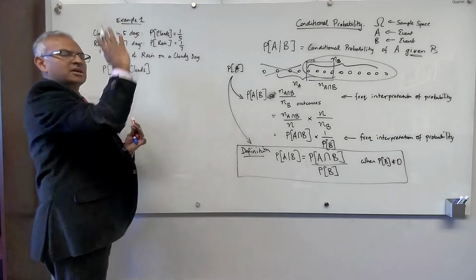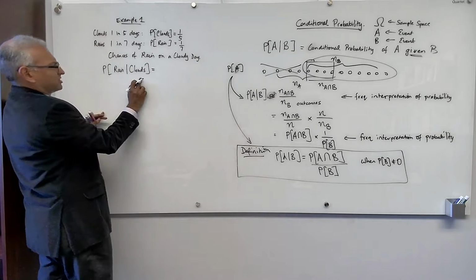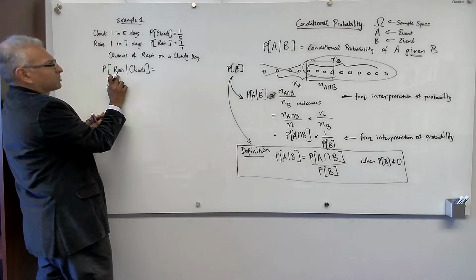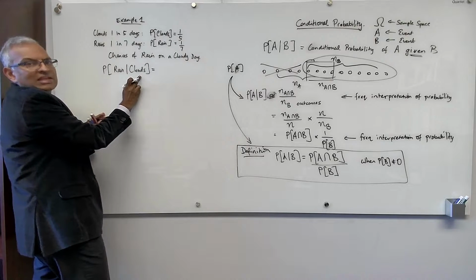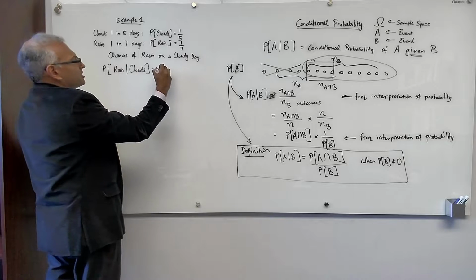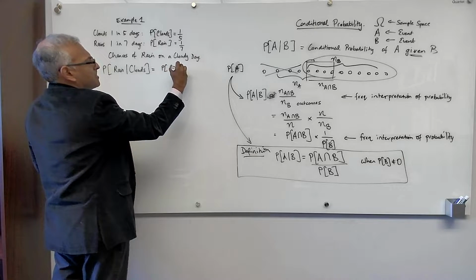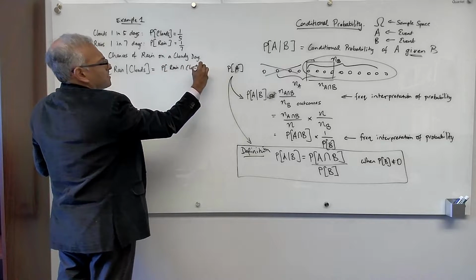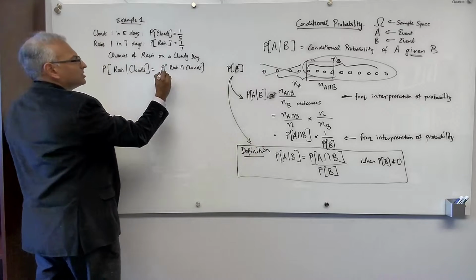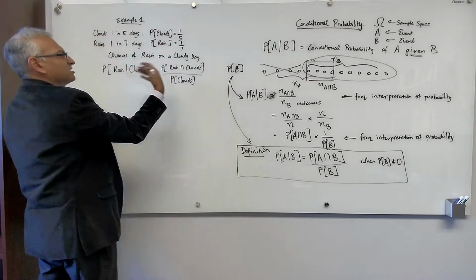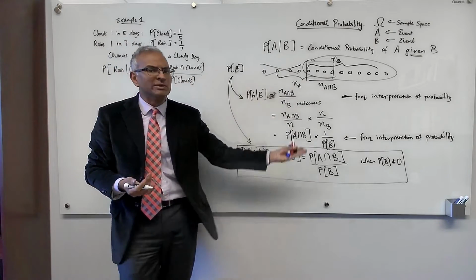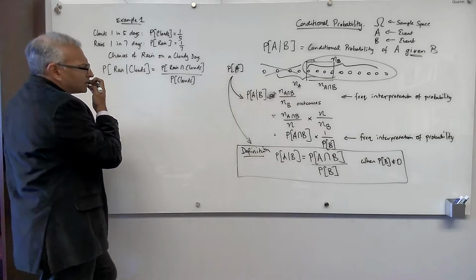And now we can just apply the formula, which says that this is a conditional probability. We need to update the probability of rain from 1/7 to take into account the new information that it's a cloudy day. Okay. So this is the probability of rain and clouds, where intersection means and, divided by the probability of clouds. Now you can just take this as a definition of conditional probability, even though we derived it.